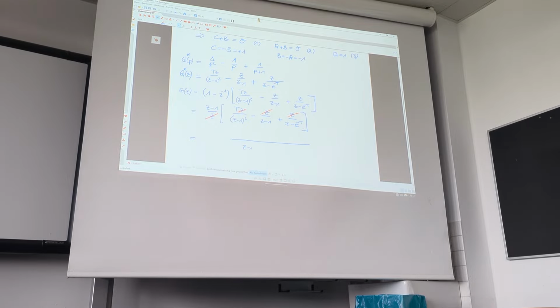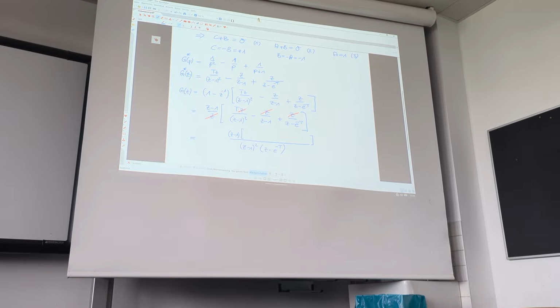And what we have here is our Z minus 1. And now we need the individual factors for the parts in the numerators.